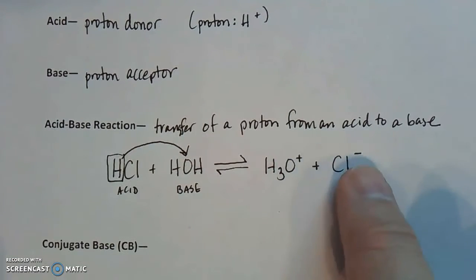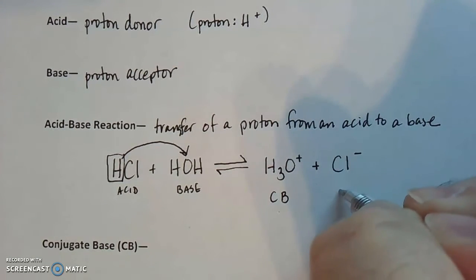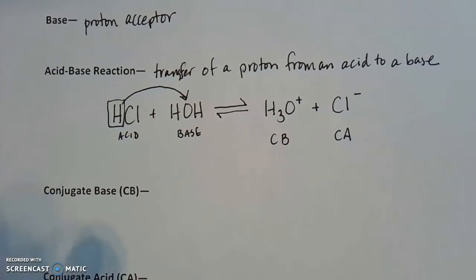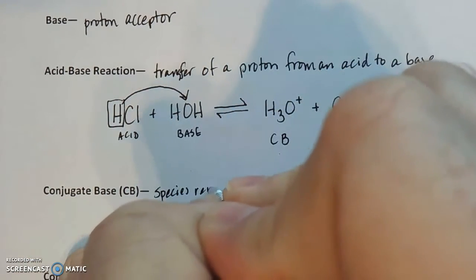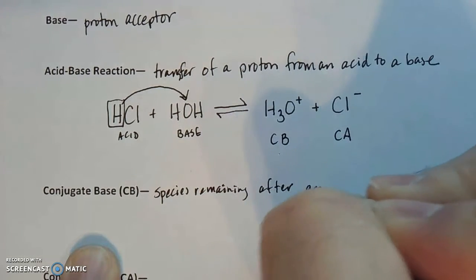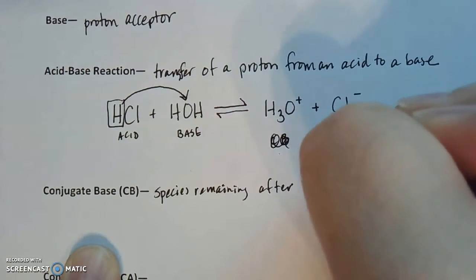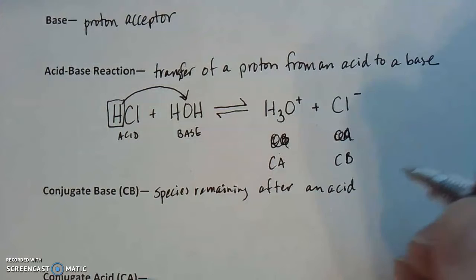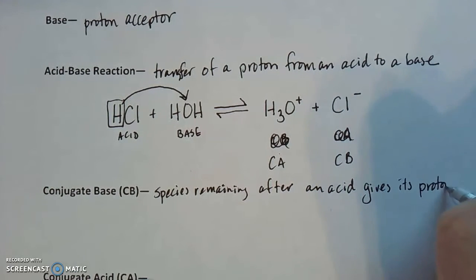Now, these two substances over here have names. This is the conjugate base, and that's the conjugate acid. Notice that we have an equilibrium situation. So the conjugate base is the species remaining after an acid gives its proton away.